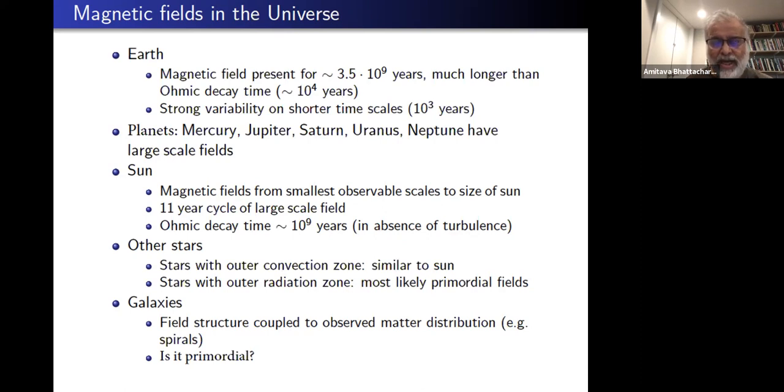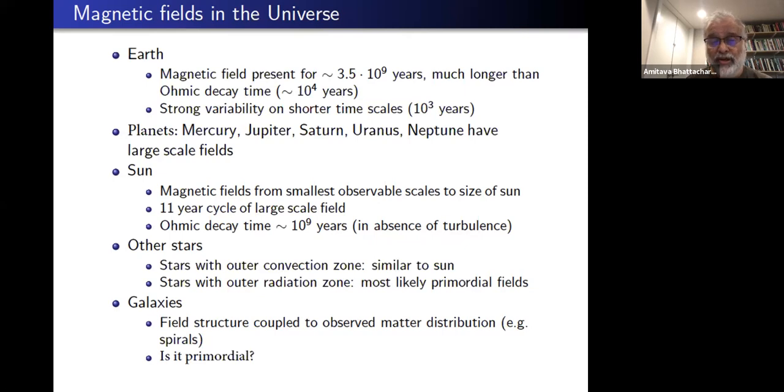So the fact that the magnetic field of the Earth has endured for 3.5 billion years when the ohmic decay time is just 10,000 years does raise the question of why this magnetic field is present at all. Because if it were just subject to the wear and tear of diffusion, then it would have been gone a long time ago.